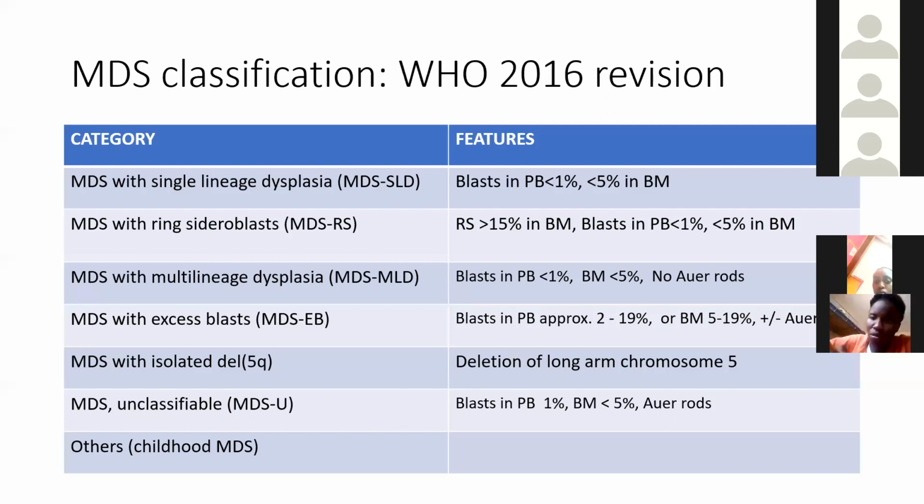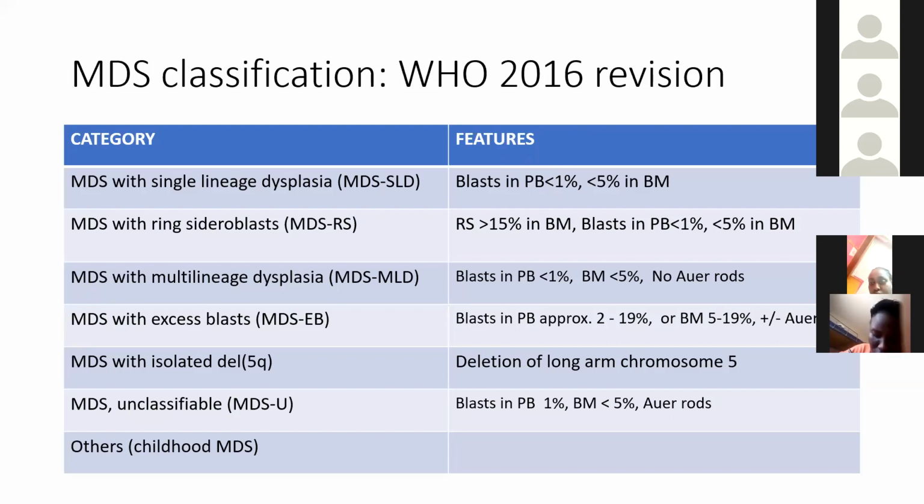Now, we mentioned that it can be MDS with only one lineage dysplasia, with blasts in peripheral blood less than 1%. You know that normally we should not be seeing any blasts in circulation.